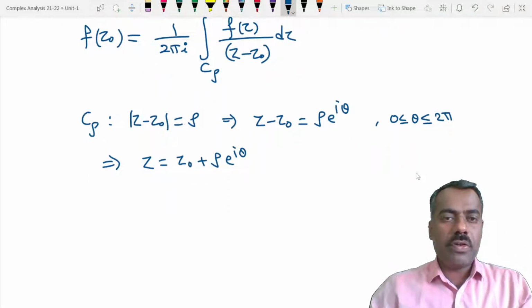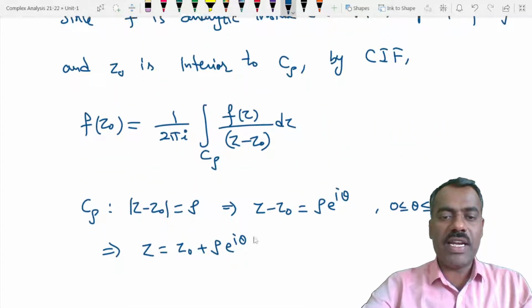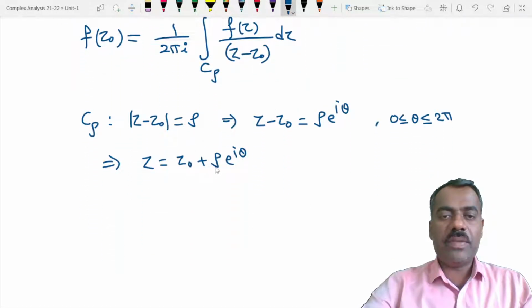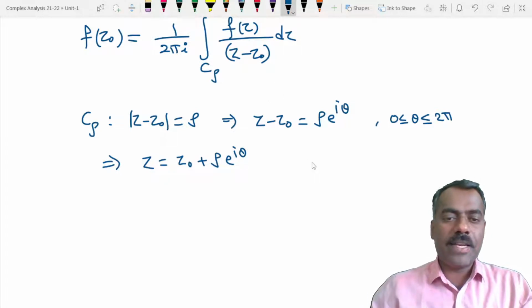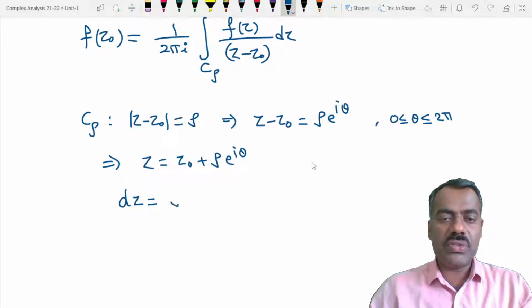Fine. Therefore f(z) becomes f(z0 + rho e^(i theta)). And this implies what will be dz? dz is rho i e^(i theta) d theta.